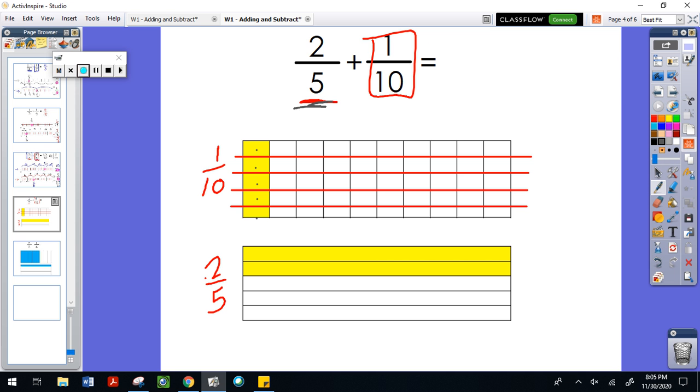Okay, so with this one, what I'm going to do is take my 2/5 and partition it into tenths.